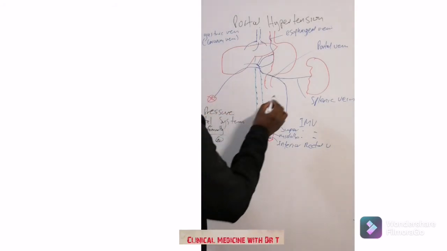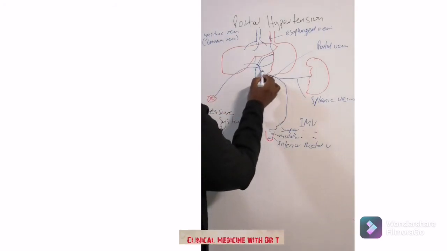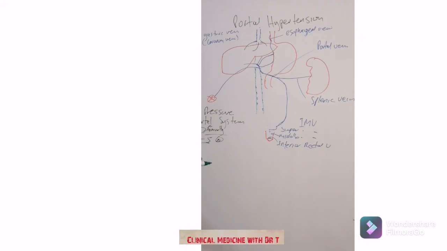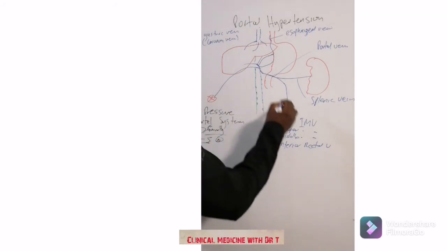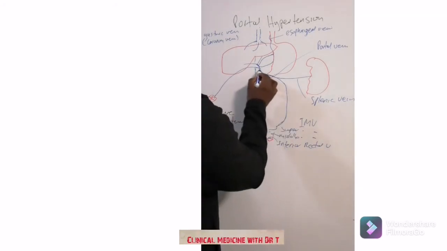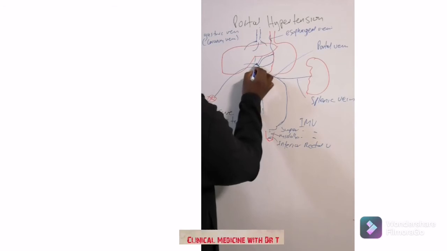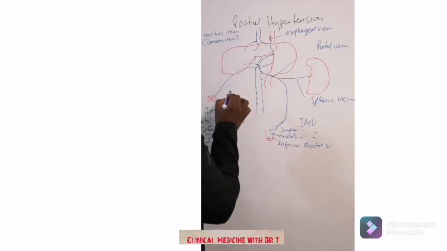So let's say you've got some form of an obstruction, so blood cannot move freely from the lower half of the body back to the liver and back to the heart, right? So when that happens, this portal vein is going to start to dilate.